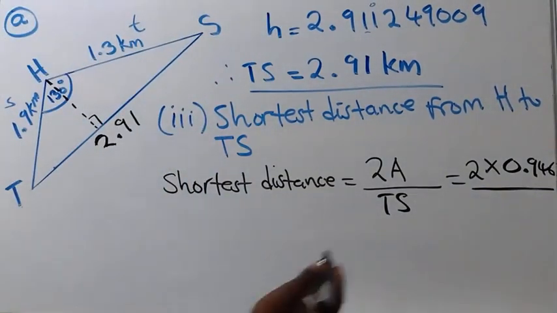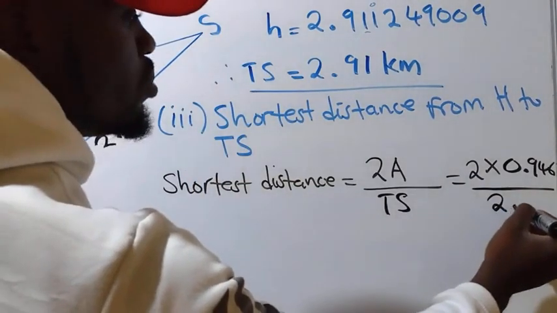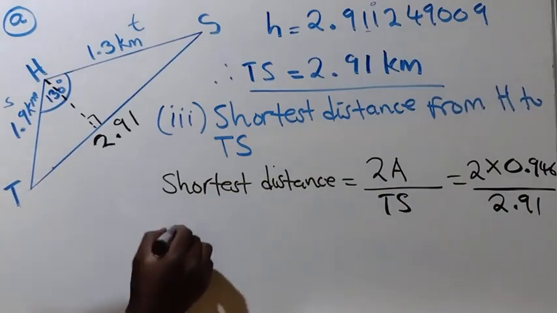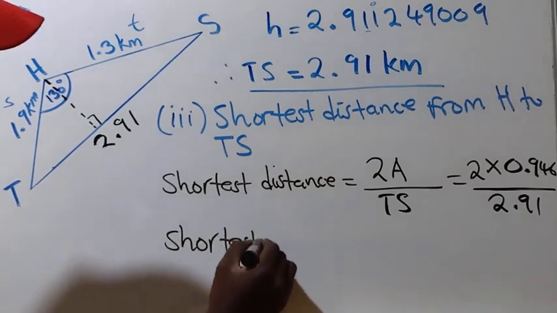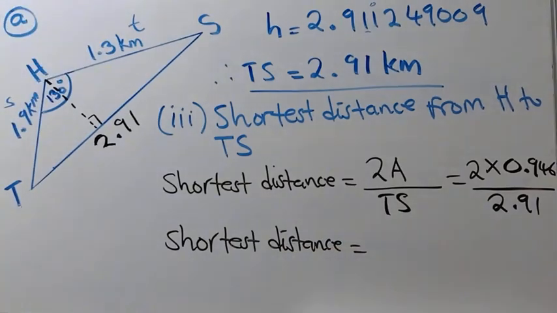Over, what is our TS? The base here, TS, is 2.91. So you write 2.91. Without wasting much of your time, you say shortest distance is equal to, so just get your calculator there. You say 2 times 0.946.